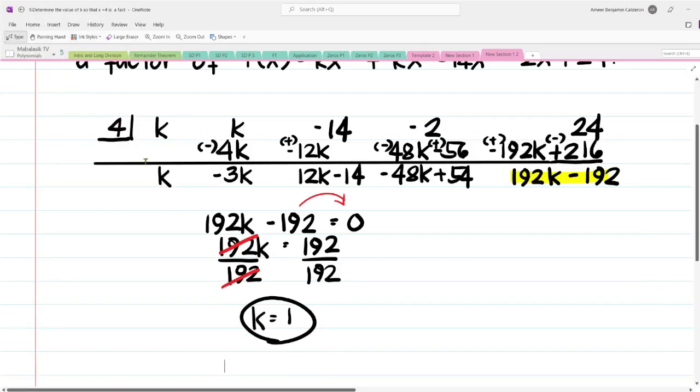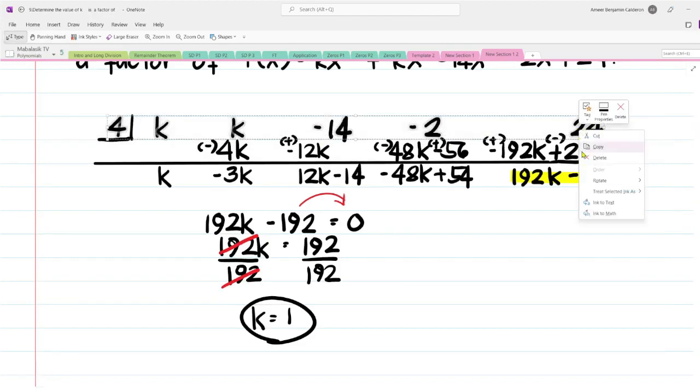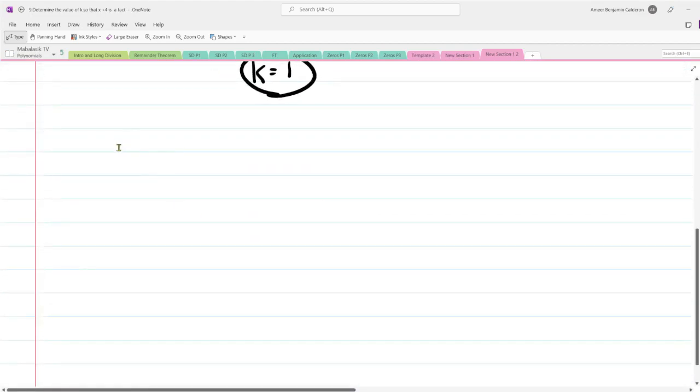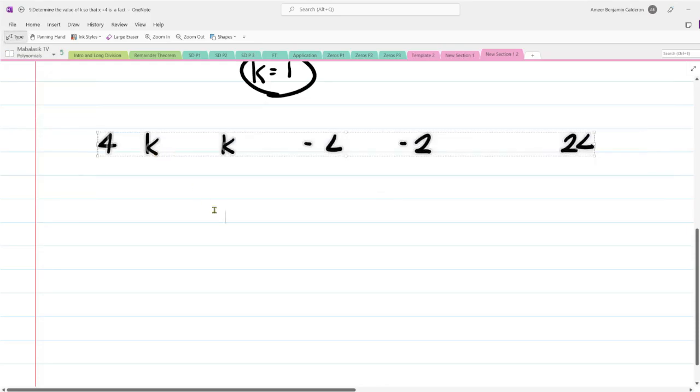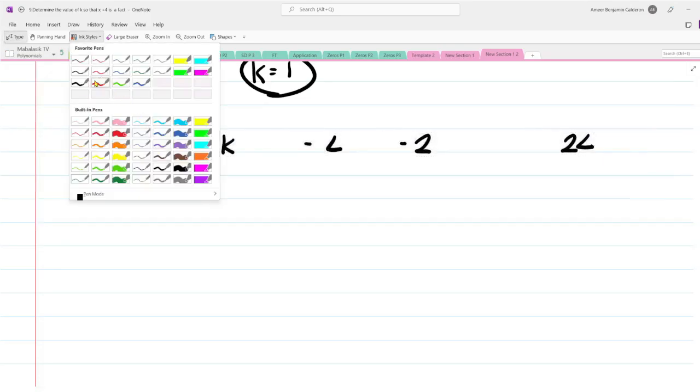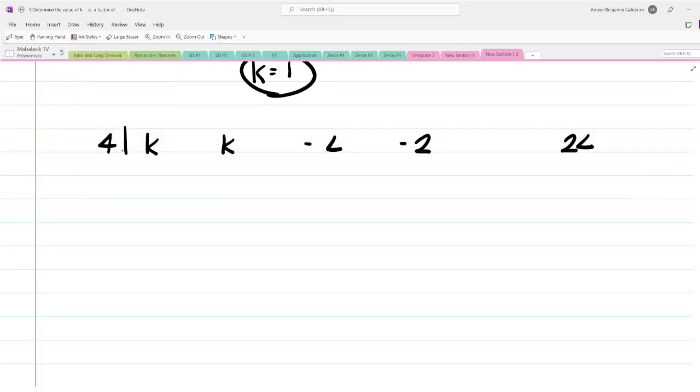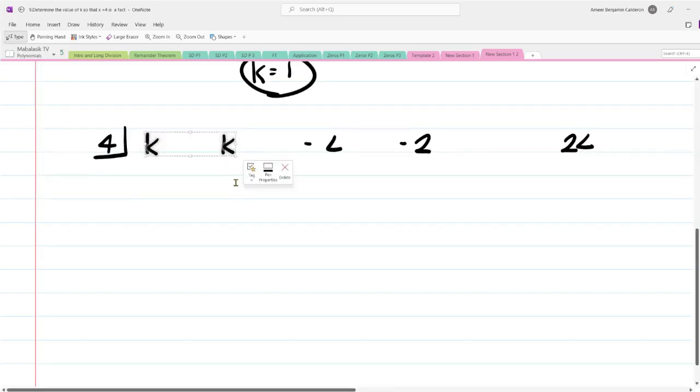So how do we check if our answer is correct? Balik tayo sa synthetic division natin. So ika-copy ko to. Paste ko siya dito. But instead of k, ang isusulat na natin 1. So 1 na to. Parehas 1.